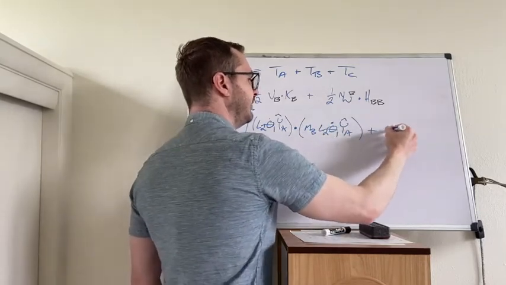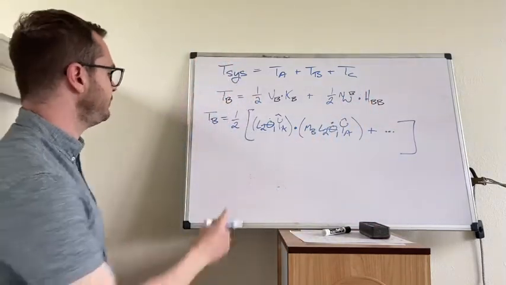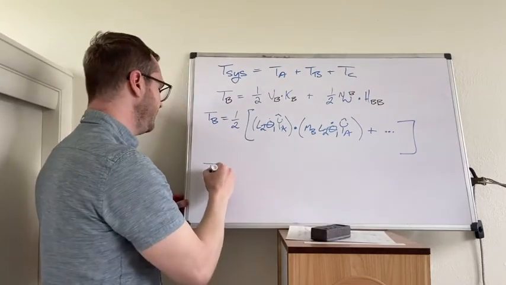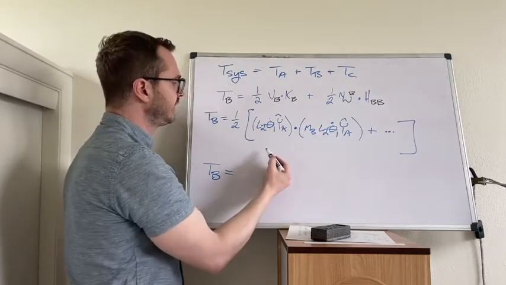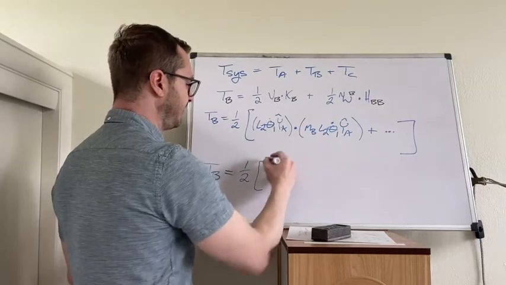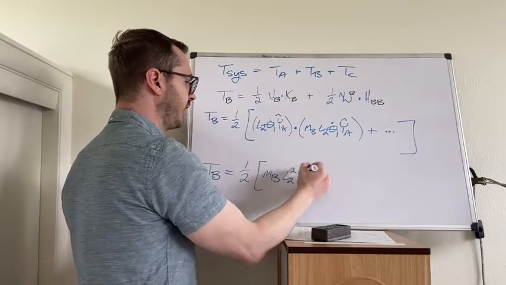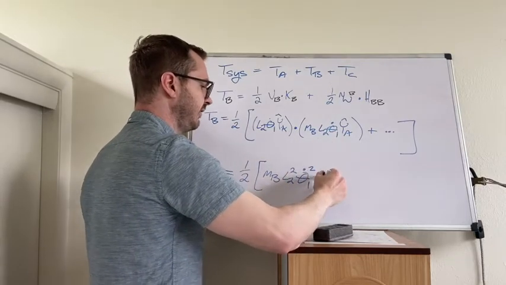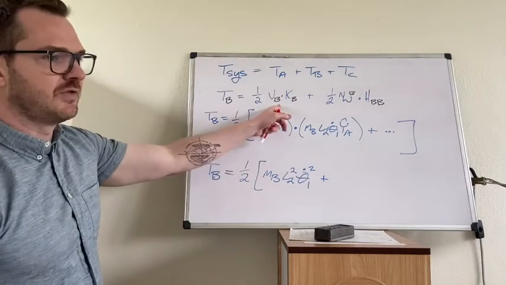And then plus dot, dot, dot. We will take care of the second term in a second. Here at the bottom, TB is equal to, we can resolve this very quickly. This is 1/2 the scalar mass mB, L2 squared and the angular speed theta 1 dot squared. That takes care of this first term.